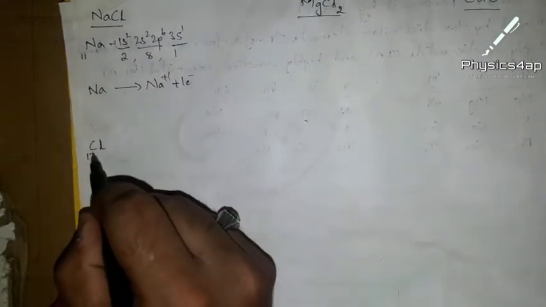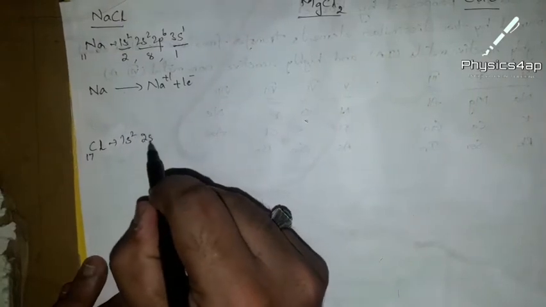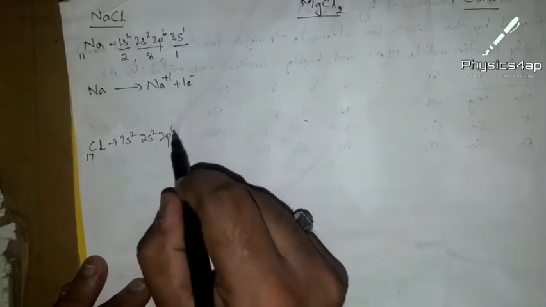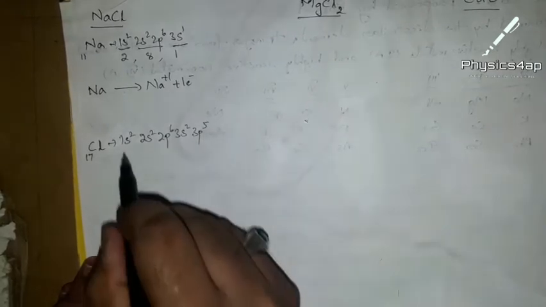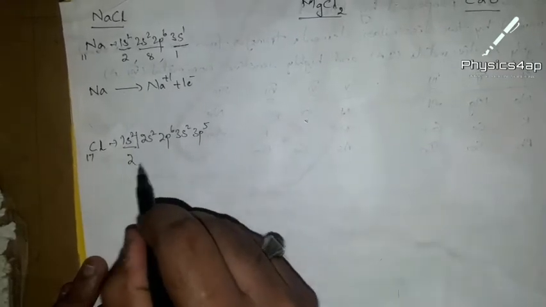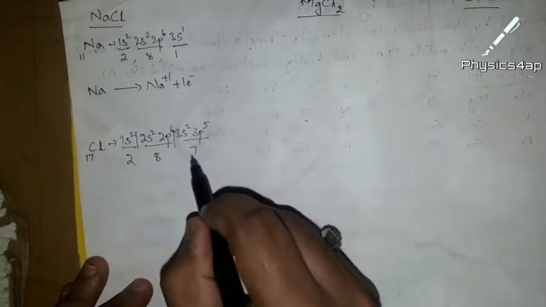Now coming to chlorine, the atomic number is 17. So the electronic configuration is 1s2, 2s2, 2p6, 3s2 and 3p5. The first shell has 2 electrons, the second shell has 8 electrons, and the third shell has 7 electrons.